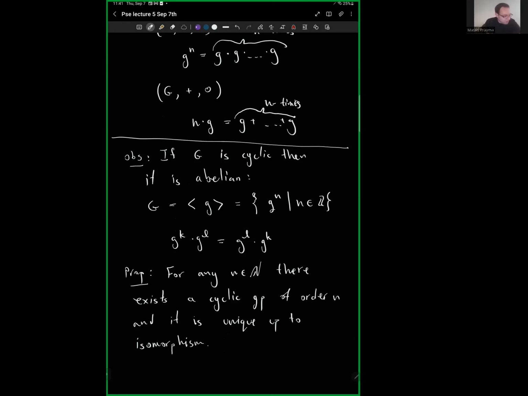Okay, I will soon explain. I will explain during the proof what it means to be unique up to isomorphism.